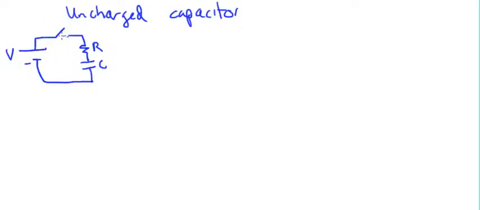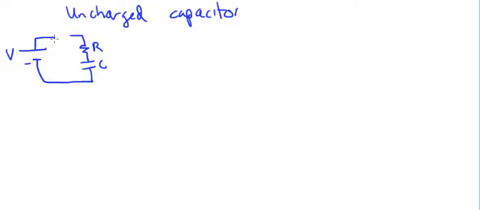So the idea is right now the circuit is broken, so no current will be flowing anywhere. And once we close this switch, then we'll be able to have some current flowing. And more or less it's so that everybody can be on the same page as to what's going on. So let's now shut this switch.